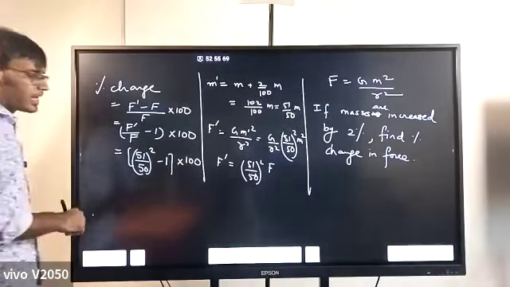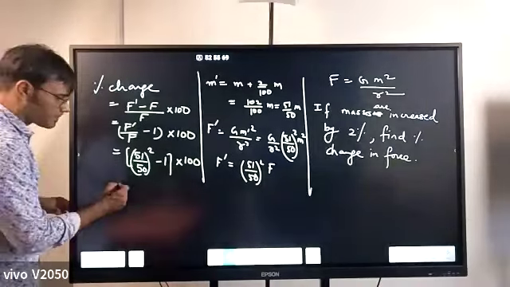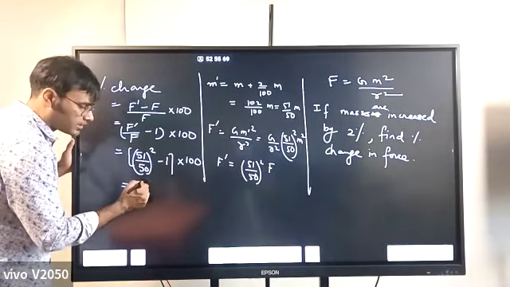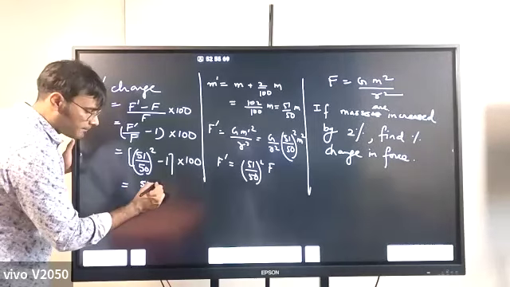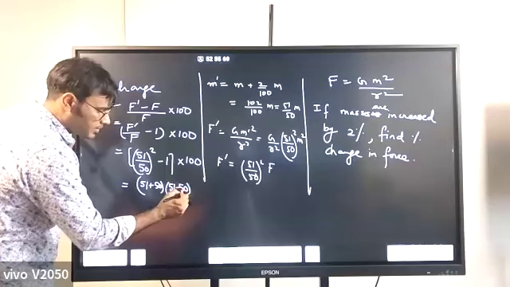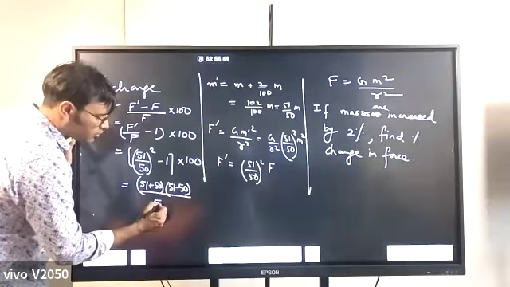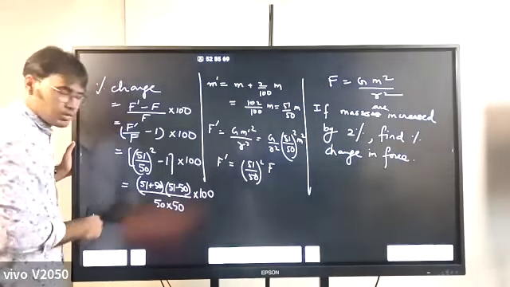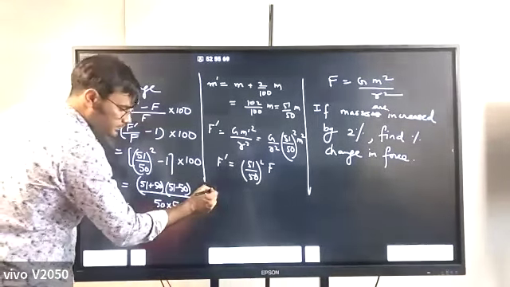You can see here the calculation is not good. If you want fast calculation, you can use a square minus b square. So a plus b, a minus b, divided by 50 into 50. You can do the calculation.